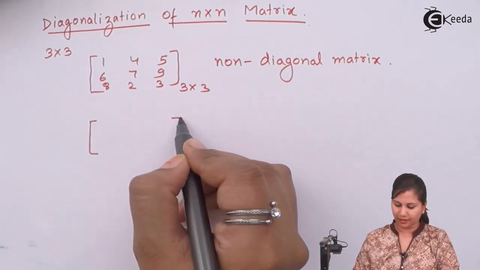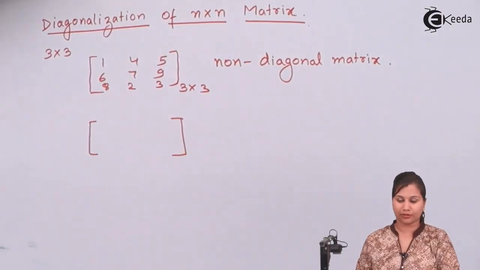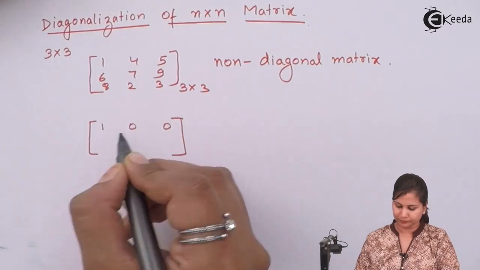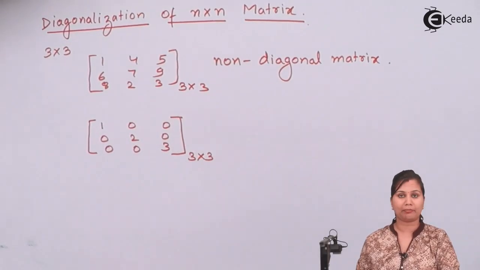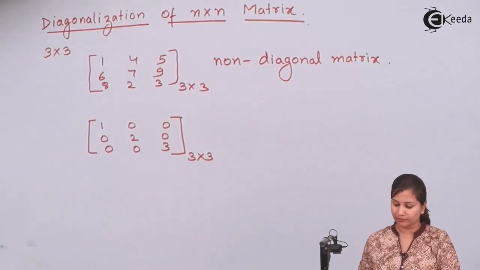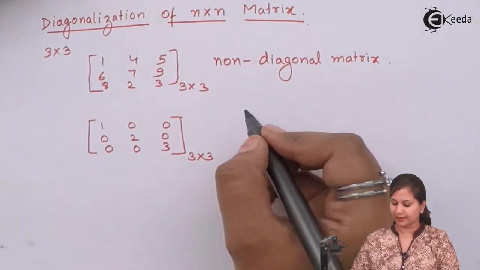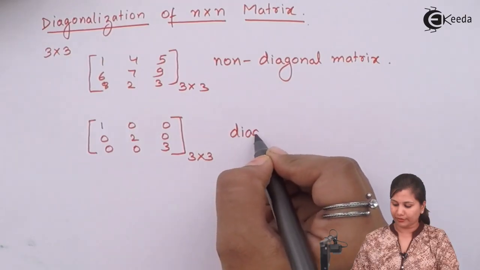Let's take another 3 cross 3 matrix. This is also a 3 cross 3 matrix having 3 rows and 3 columns, but this matrix is a diagonal matrix.